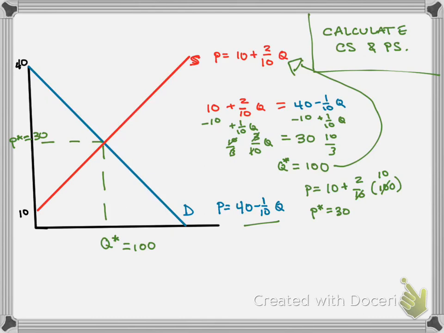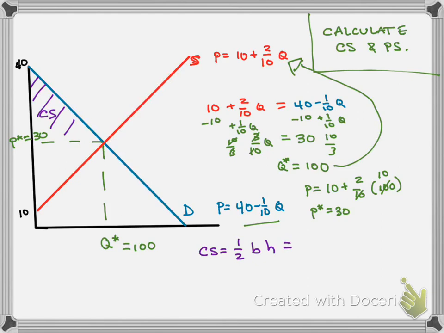So now that we have that, what we want to do is calculate consumer surplus, which is this area right there. So consumer surplus is 1/2 base times the height.